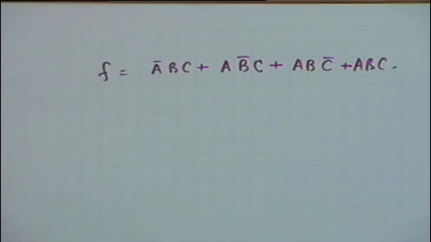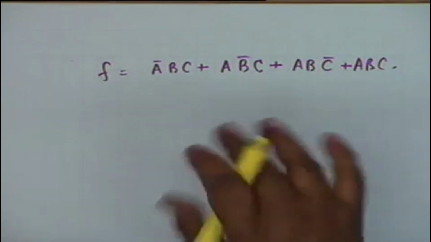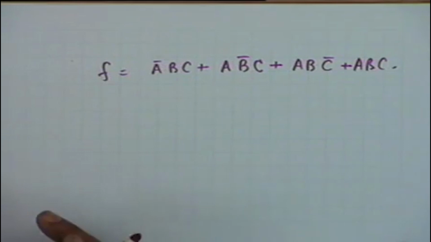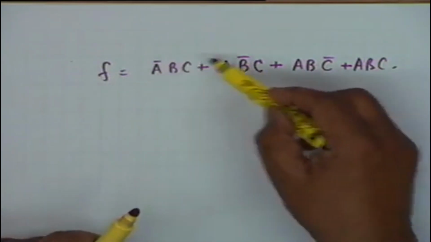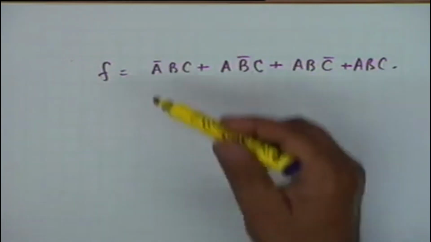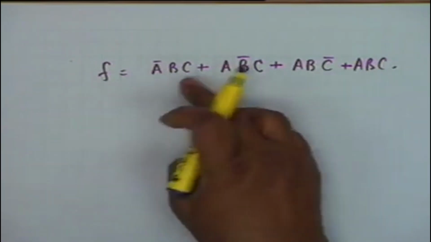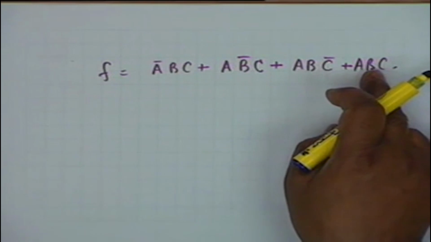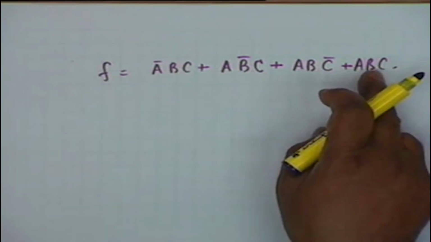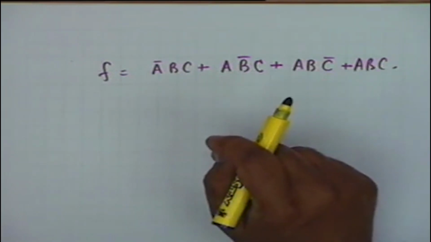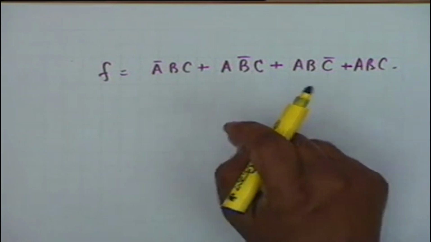Now, I want to make a digital circuit to realize this. If I make a straightforward realization, then you require 3 inverters, A bar, B bar, and C bar, 3 NOT gates, 4 AND gates, and how many OR?